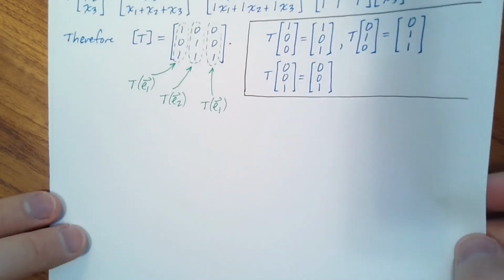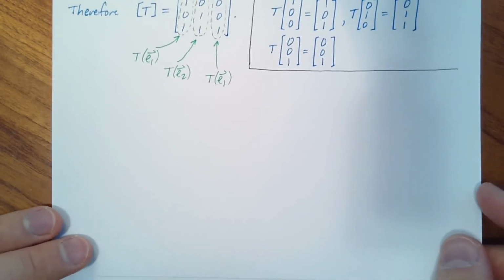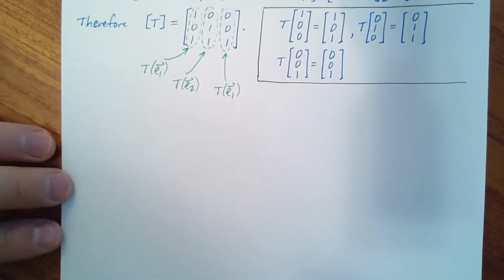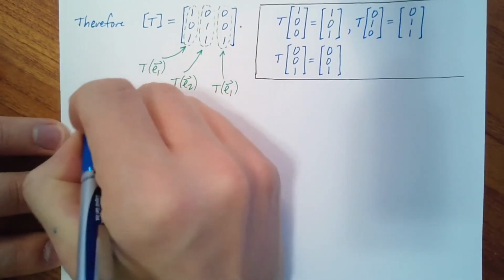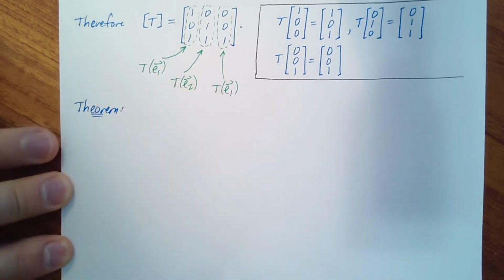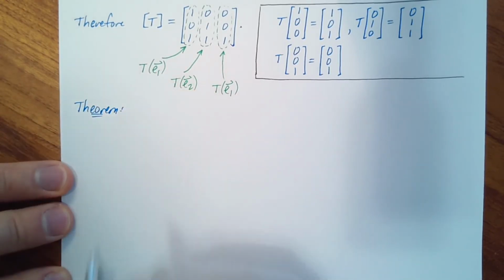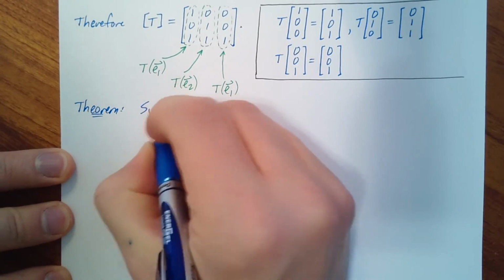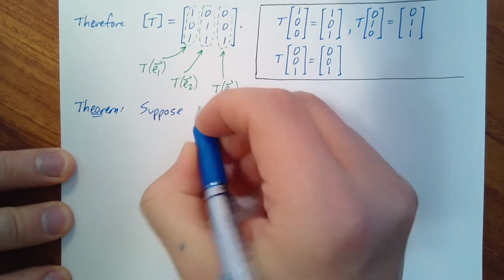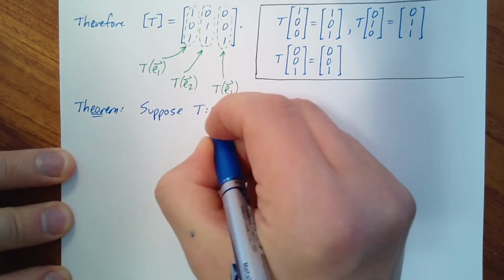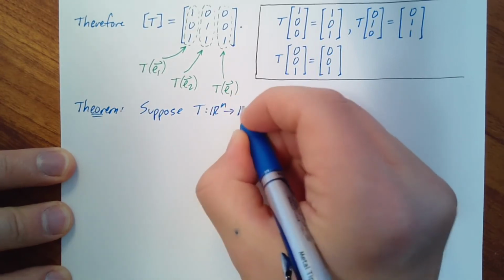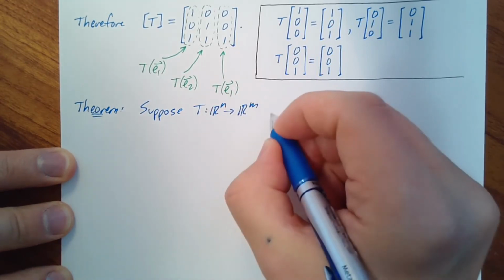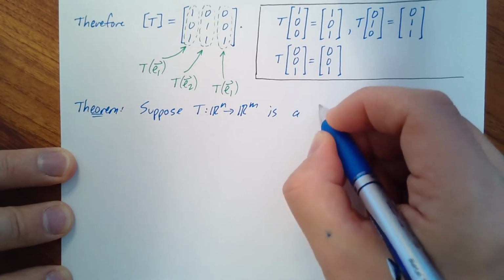So let's write that down formally here. This is actually a theorem. So let's write it out in detail. Suppose T going from Rn to Rm is already known to be a linear transformation.